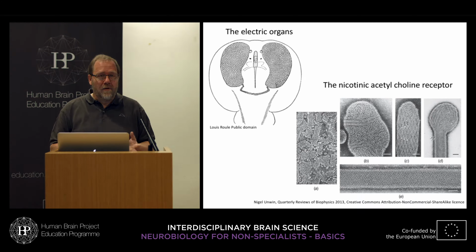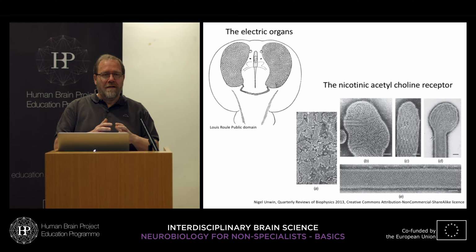Why these electric organs are so interesting for science, and especially for neuroscience, is because these receptors are very, very densely packed. And from this almost crystalline pure receptors, you can learn a lot about the structure.